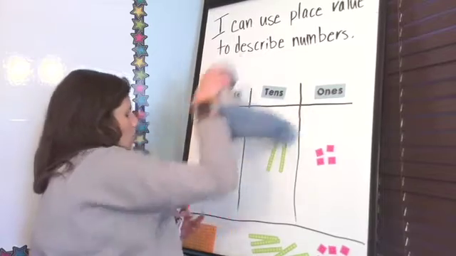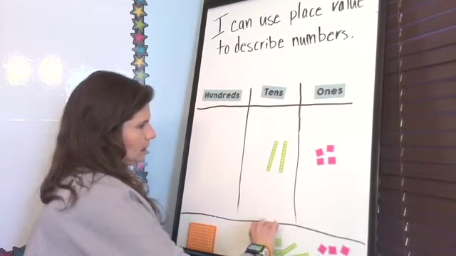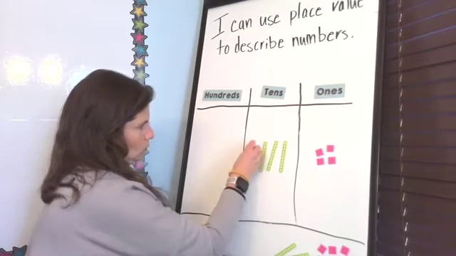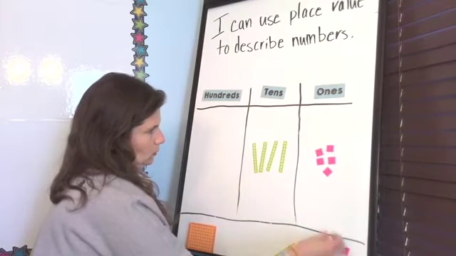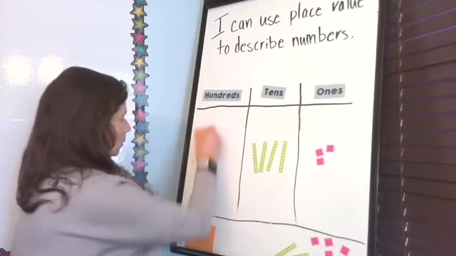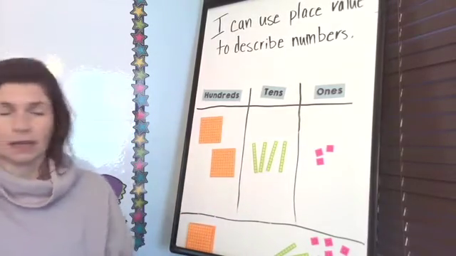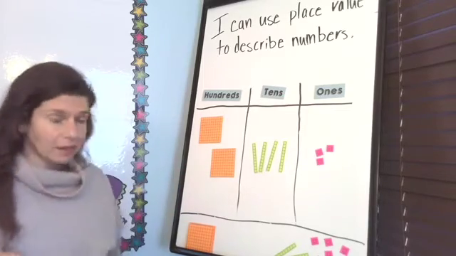Now, what if we have it like this? Let's take a look. Actually, let's take these down. Okay, let's say we see these. What we can do here to figure out this number.